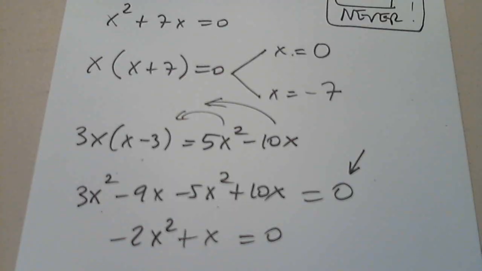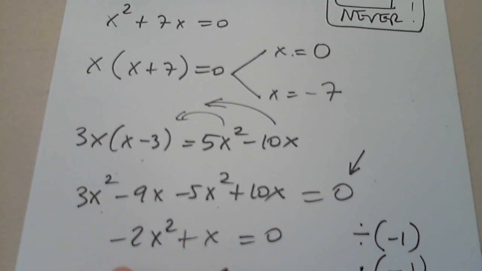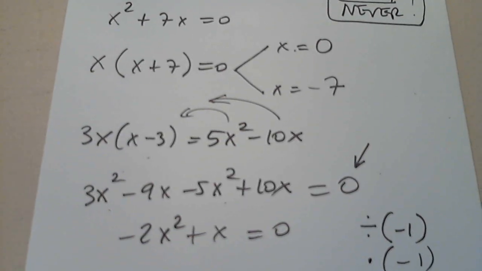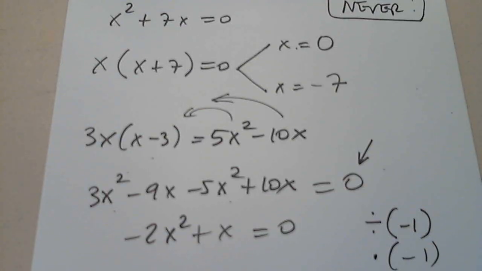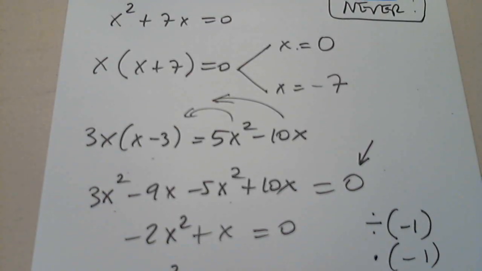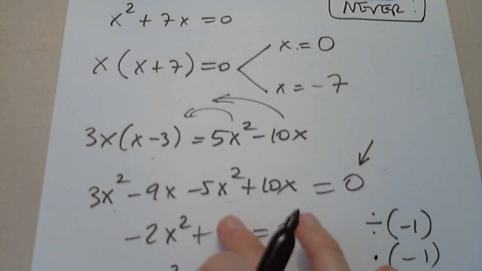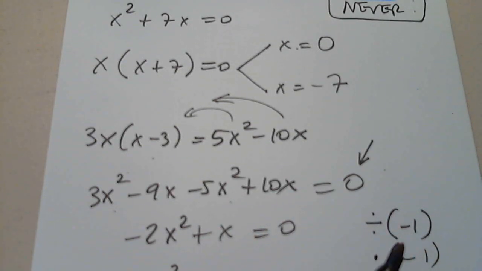I can deal with numbers in an equation, so I would like to divide both sides or multiply both sides by -1. I don't like negative leading coefficients. No one can force me to solve an equation with a negative leading coefficient. I can either divide or multiply both sides by -1. So I have 2x squared minus x equals 0. This times -1, this times -1, this times -1.